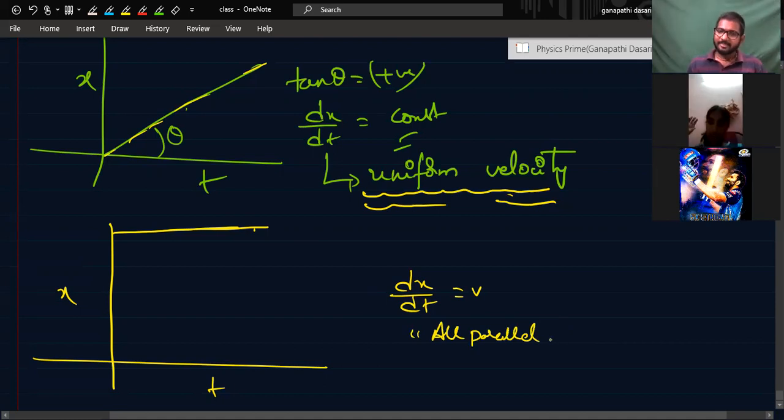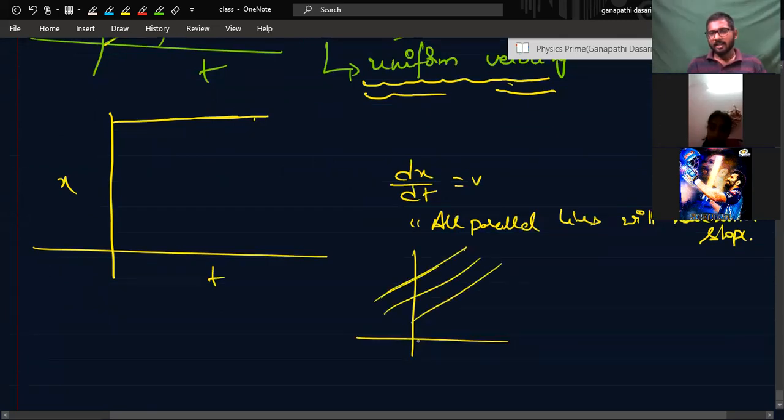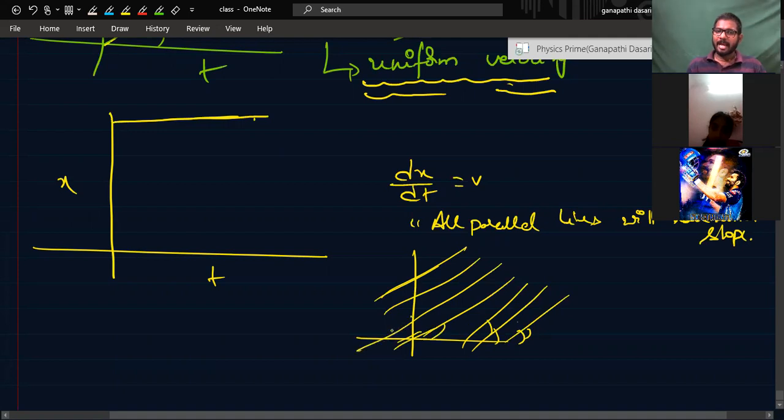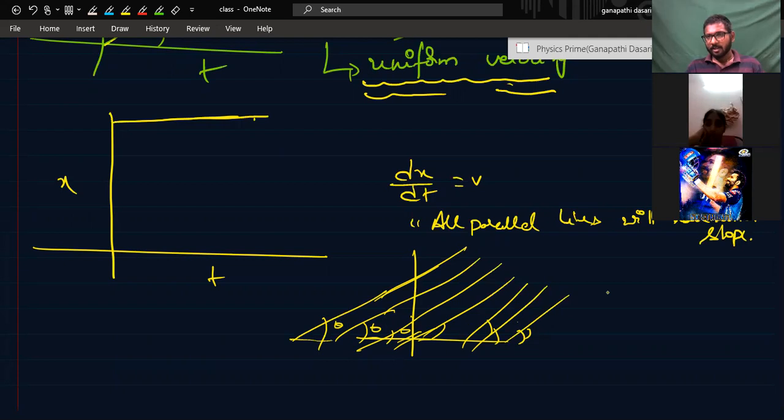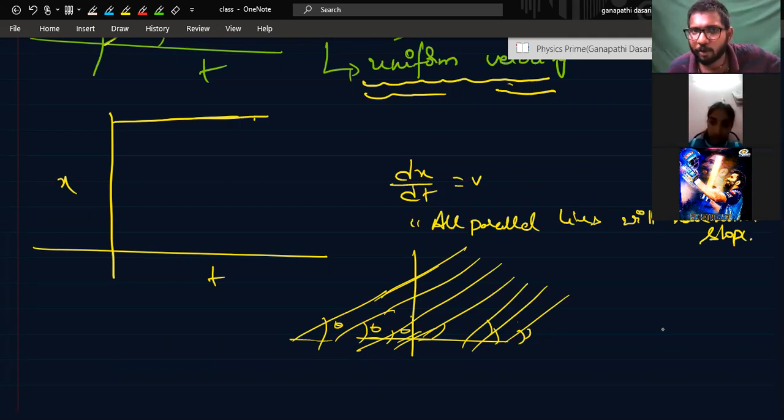In 8th or 9th class, we learned that all parallel lines will have the same slope because they have the same inclination. They make the same angle with the x-axis. You know this, or not? If you don't know, you tell me you don't know. It's okay.